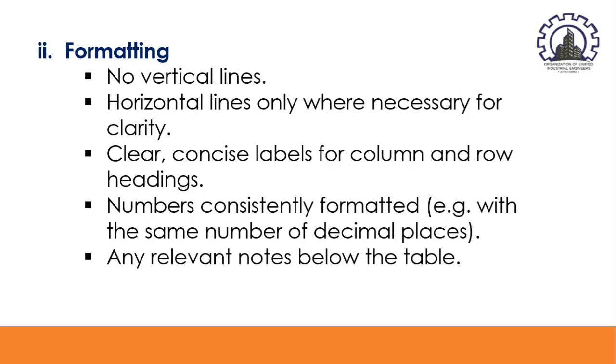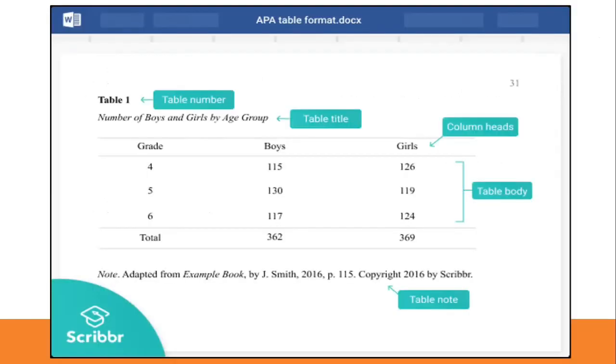In order for us to better understand how the list of table would look like, let me show you an example. So as you can see in our sample table, you can see there the table number in bold above the title, okay? So in this case, you have table number 1.